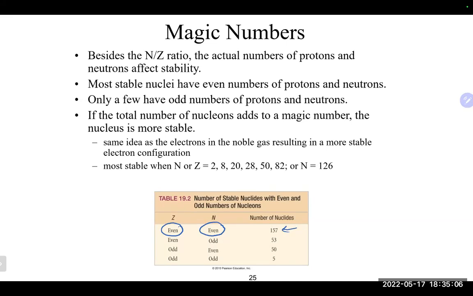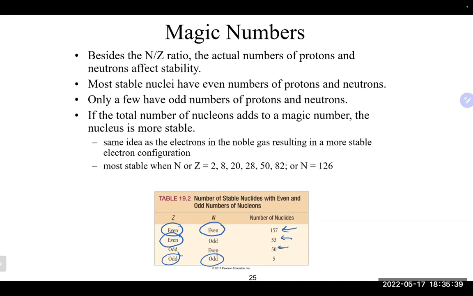The next best situation is an even number of protons and an odd number of neutrons, about 53 of those. The next would be even neutrons and an odd number of protons, about 50. Really the worst situation is an odd number of neutrons and protons. There are only about 5 stable ones with that arrangement.